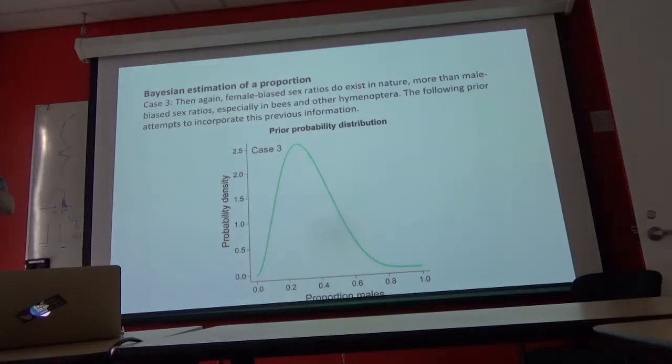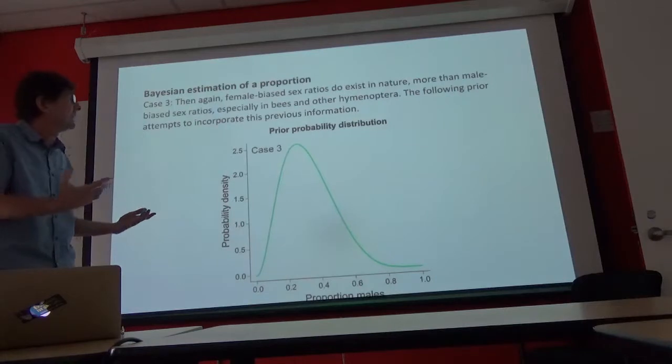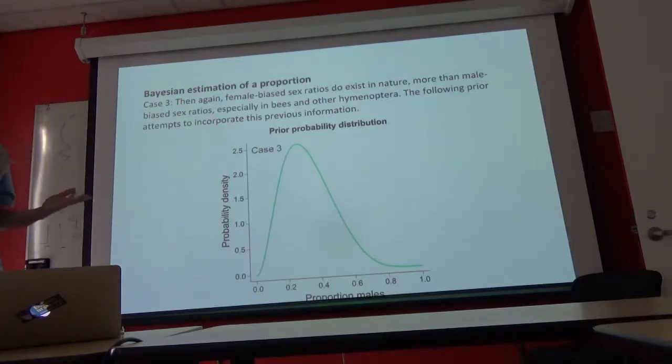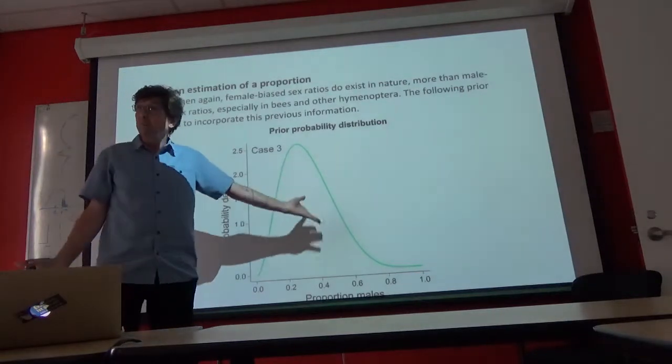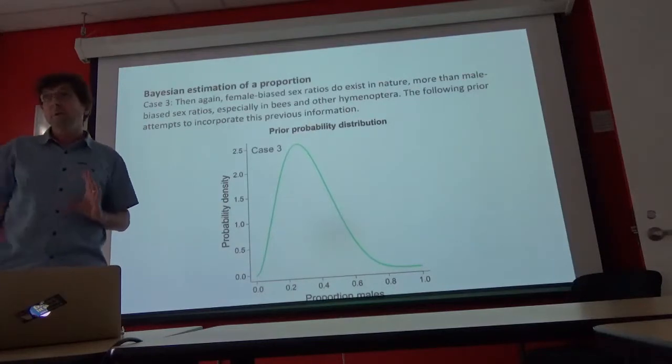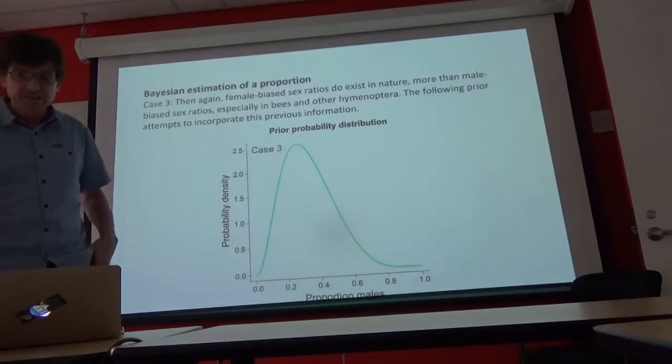It's because of the way sex is determined in the social Hymenoptera, and it relates to the fact that the workers, being all female, are more closely related to their sisters than they are to their brothers. And so if the workers have control over the sex ratios, we'll see female bias, and often the workers did have control. So maybe we should use this prior, which takes into account even more prior information than the previous case.